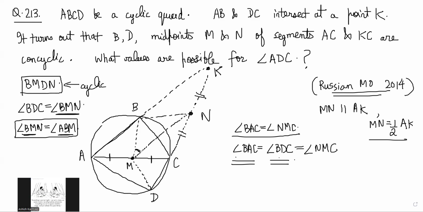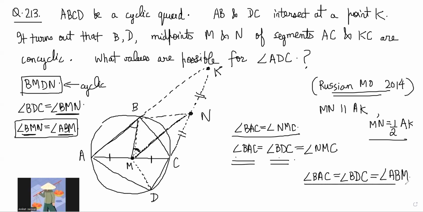AB is parallel to MN, interior alternate angles, obvious, no? So we are getting angle BAC is the same as BDC, the same as BMN, the same as ABM, right?